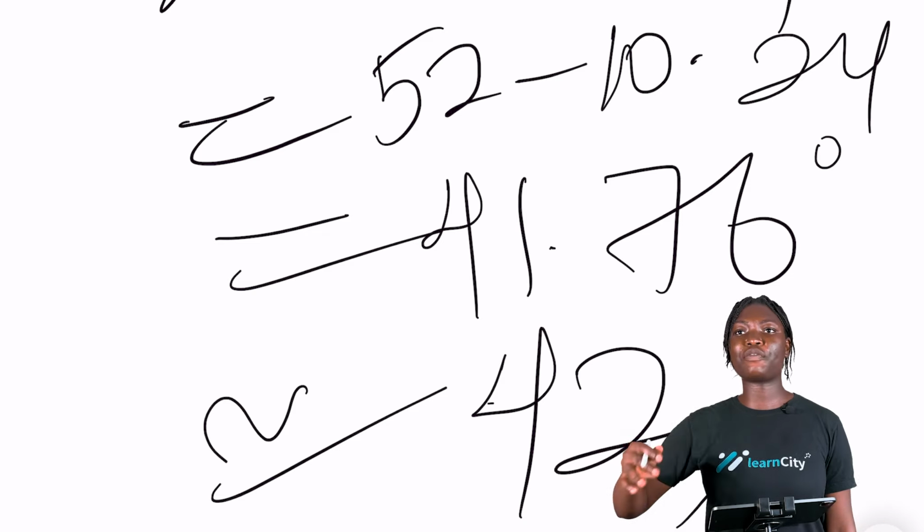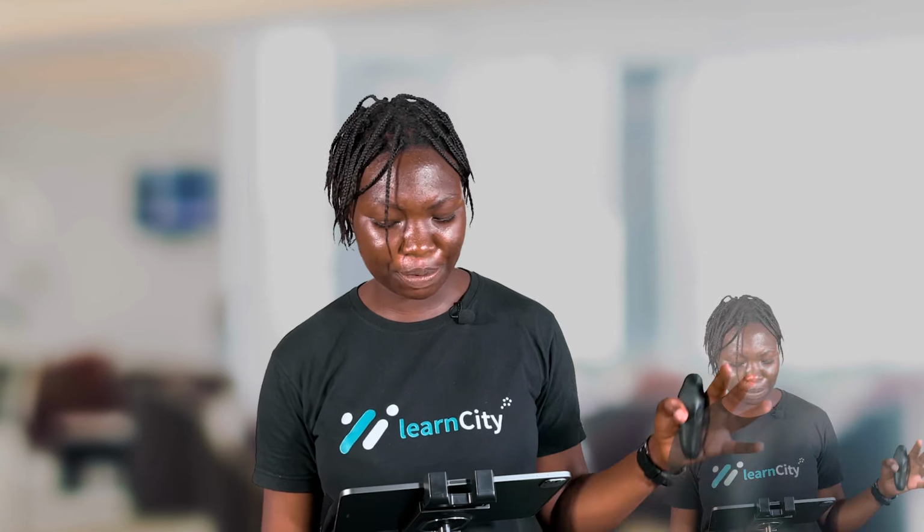So the bearing of the aircraft from the airstrip is 42 degrees.